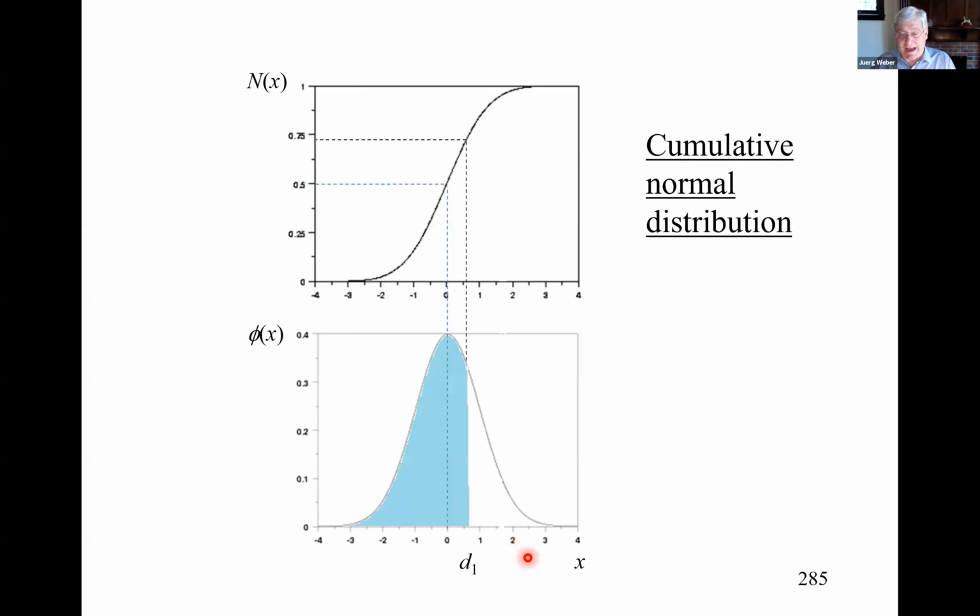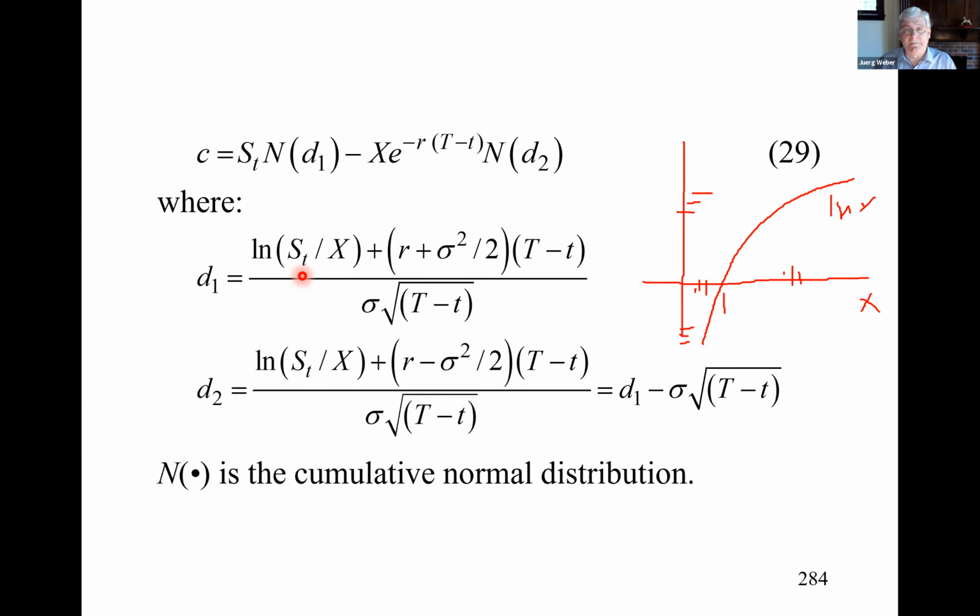And if d1 approaches minus infinity, then the value of the cumulative normal distribution approaches 0. So we can plug in 0 here, plug in 0 here, and so the value of the option, if the option is out of the money, is 0.